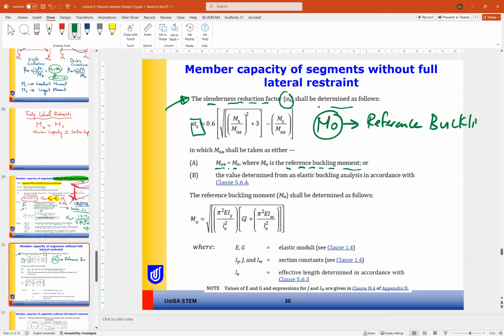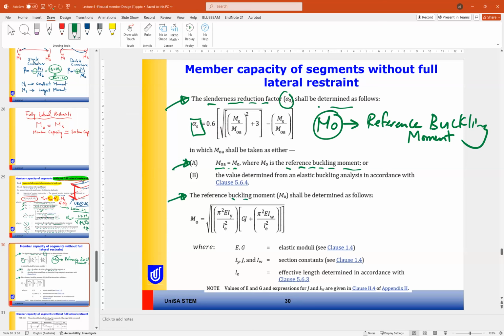The reference buckling moment means this is the moment when the section will start buckling, so it is like the critical buckling moment. This is MO, and this is our value for MO.